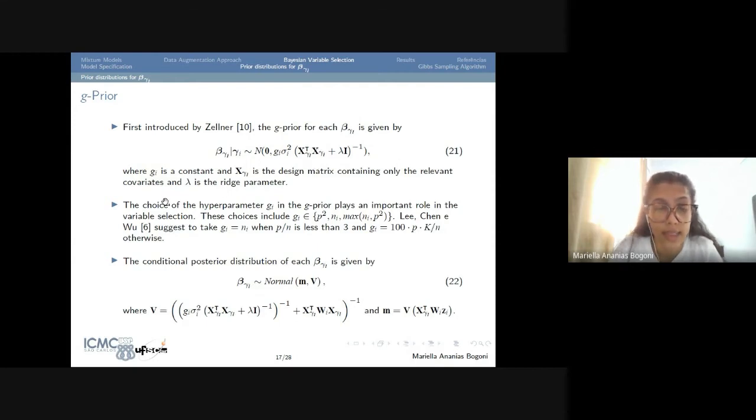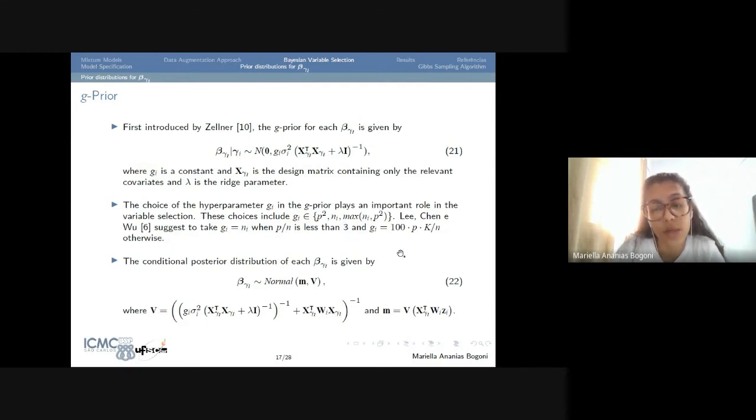So, as I said, the choice of the hyperparameters Gi plays an important role in the variable selection. The reference suggests that we choose values of Gi in this set.